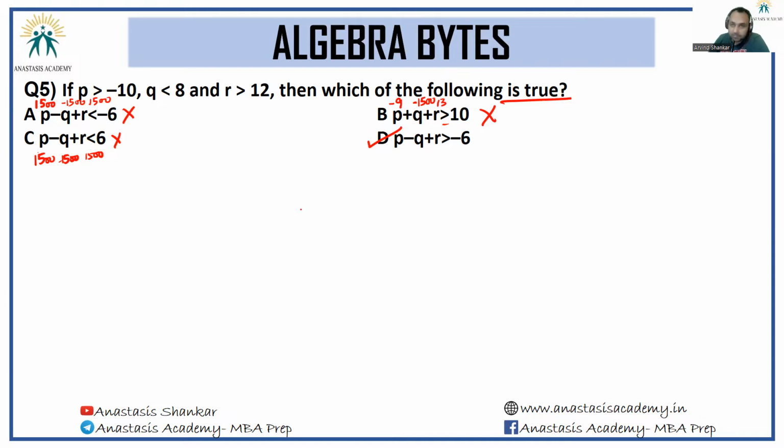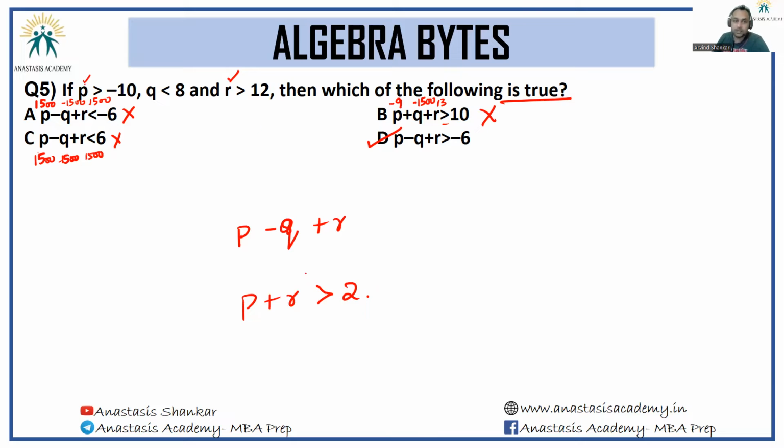If we were checking for the options, then ideally it would be P minus Q plus R. So I'm looking at P and R. Can I say P plus R has to be greater than 2? P plus R has to be greater than 2, simply because P is greater than -10, R is greater than 12.